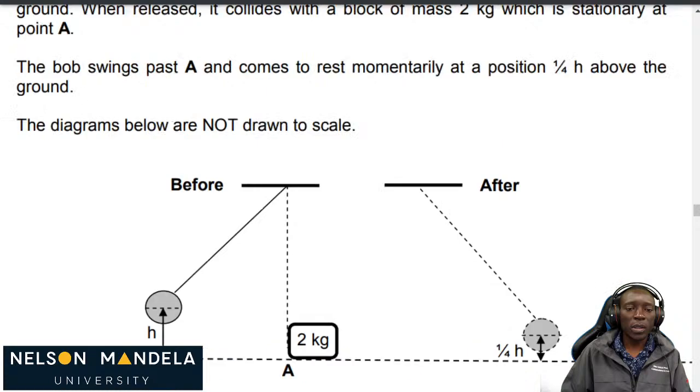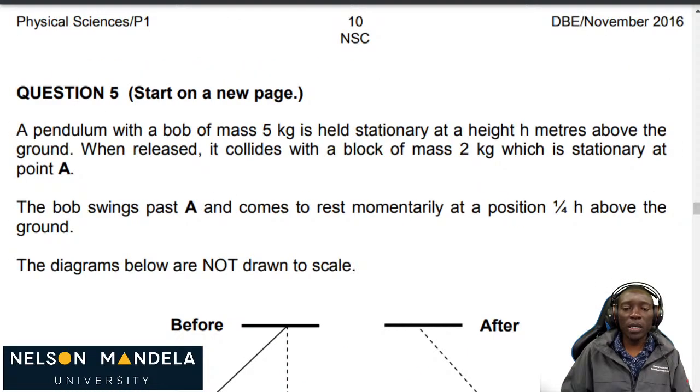The bob swings past A and comes to rest momentarily after at a position 1/4 h above the ground. The diagrams below are not drawn to scale.